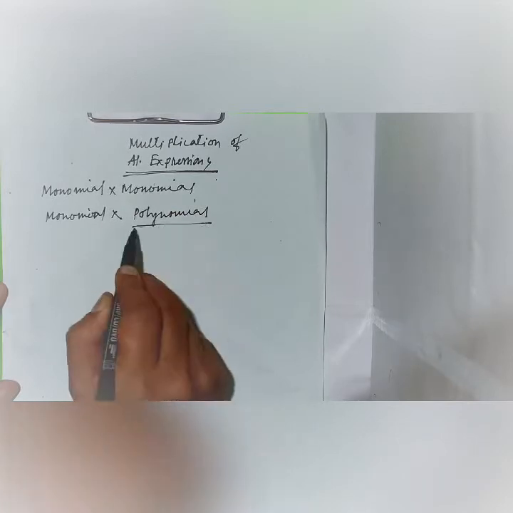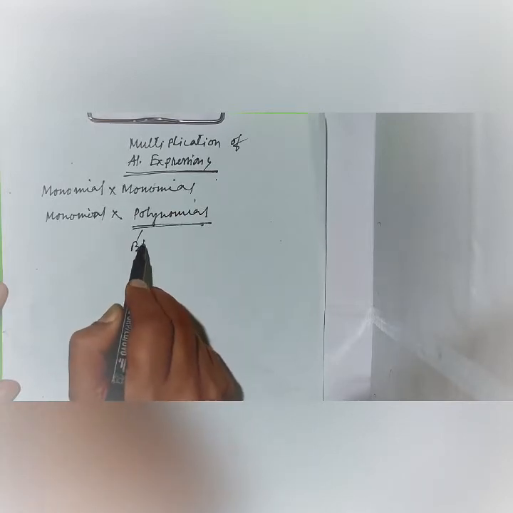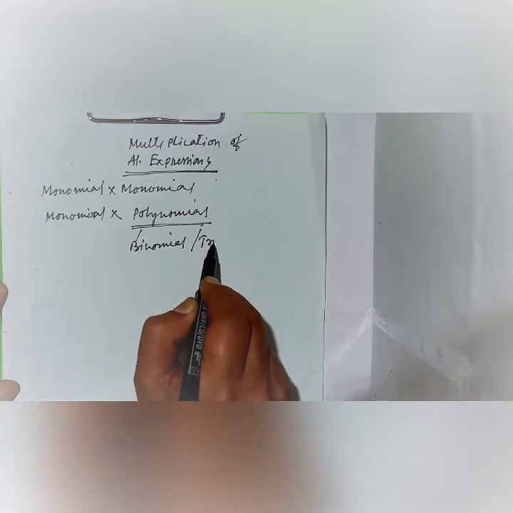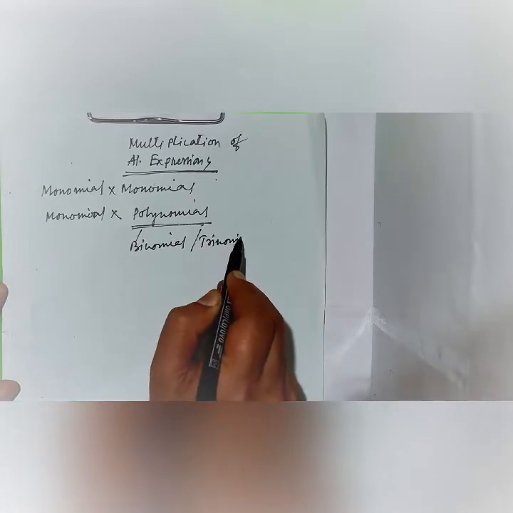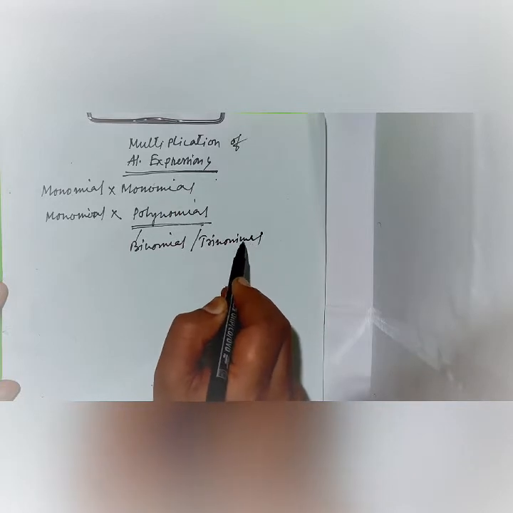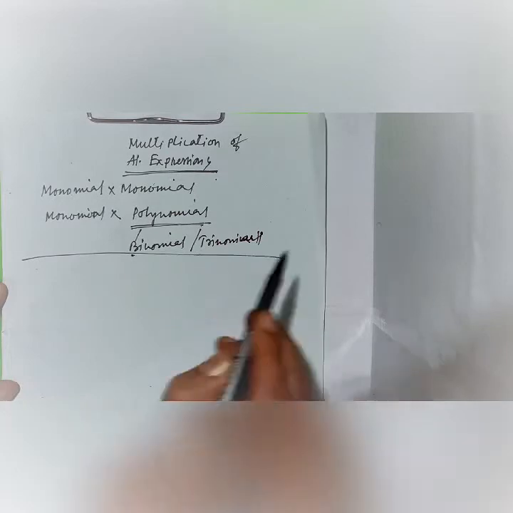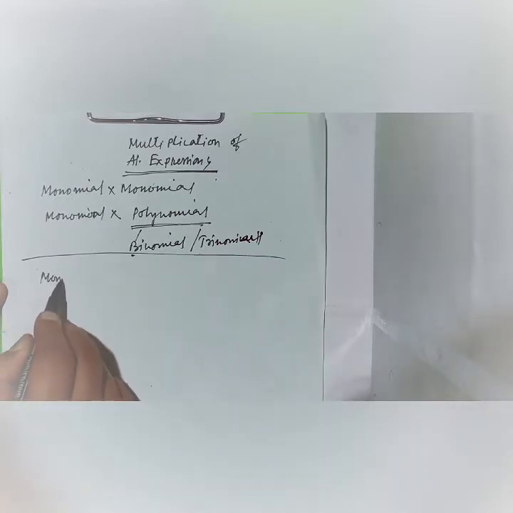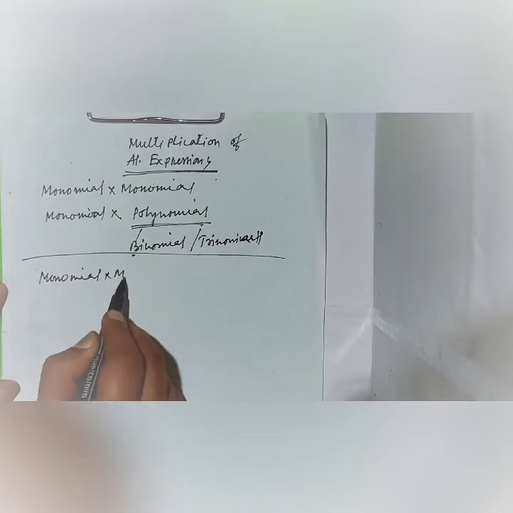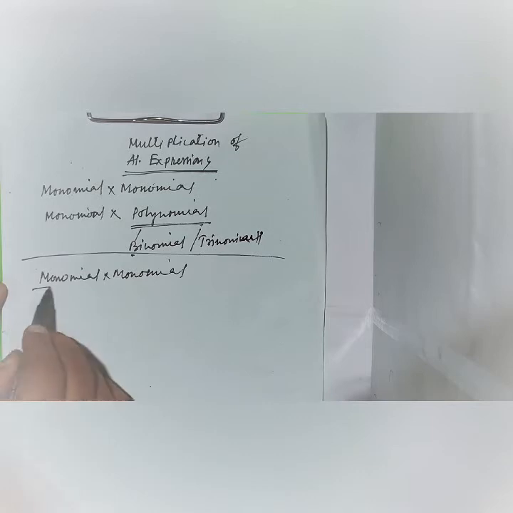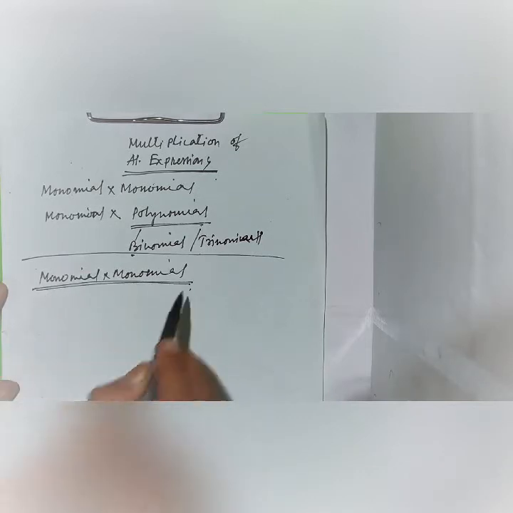Now this polynomial can be a binomial, it can be a trinomial, or it can be anything. So basically two things. One is monomial into monomial, we'll see first.